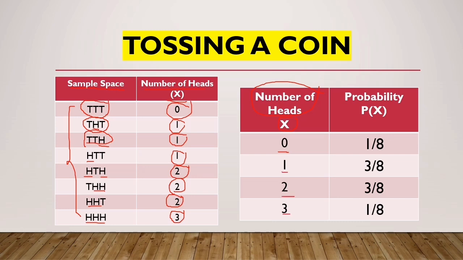Because from our table, you can only see values such as 0, 1, 2, and 3.